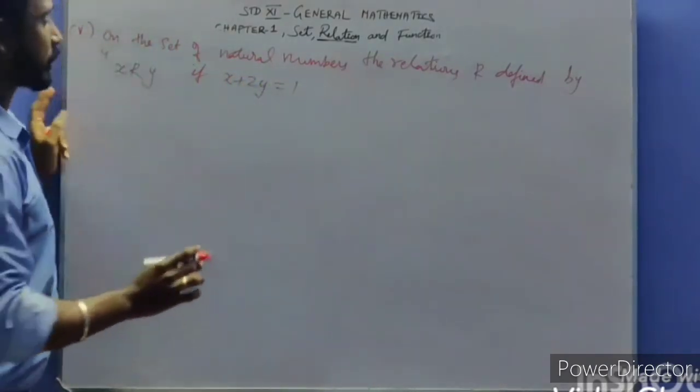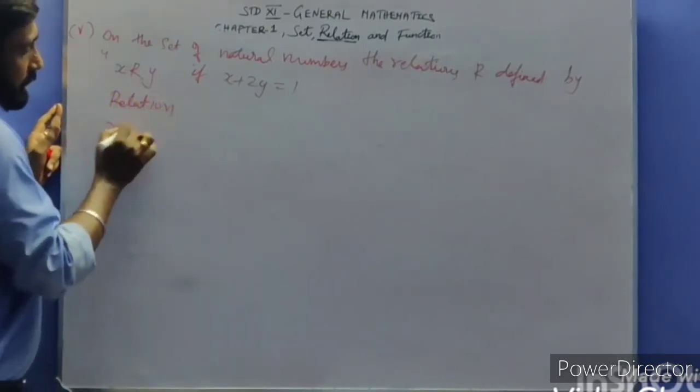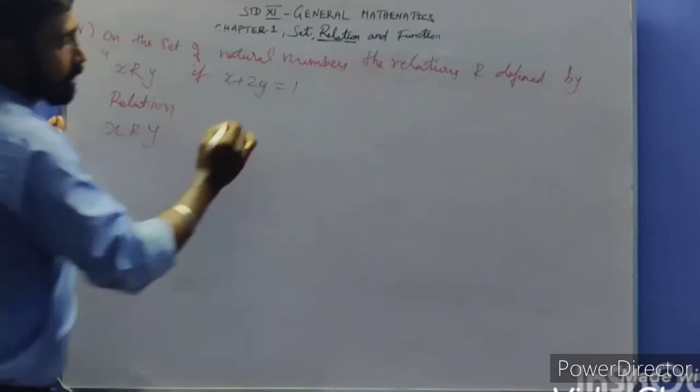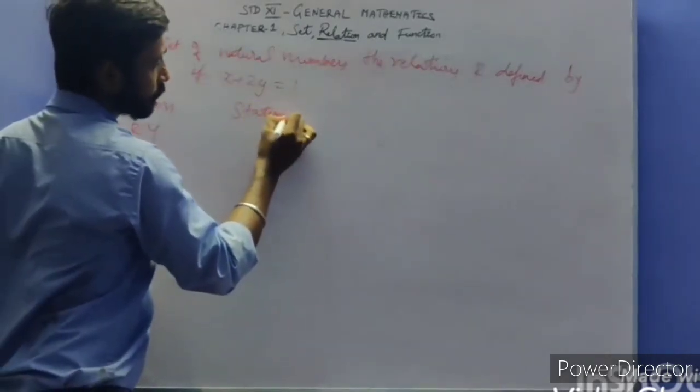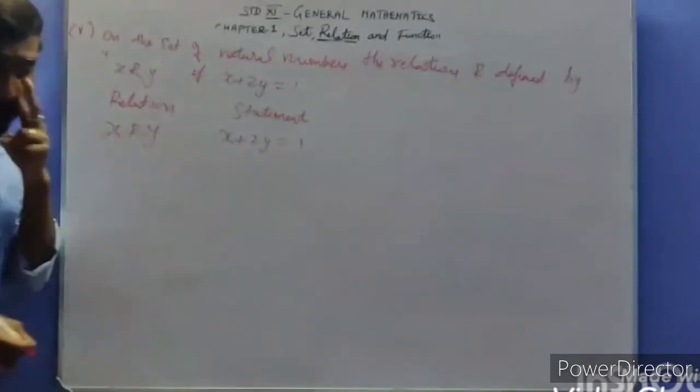It is a very simple question. What is the relation they have given here? The relation x related to y, statement: x plus 2y equal to 1.